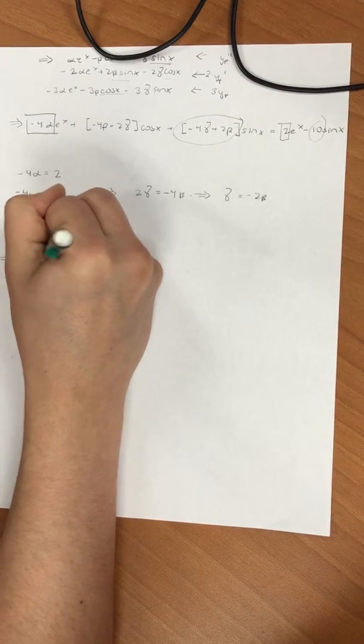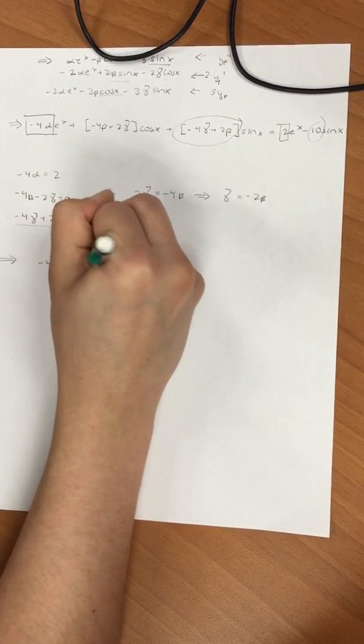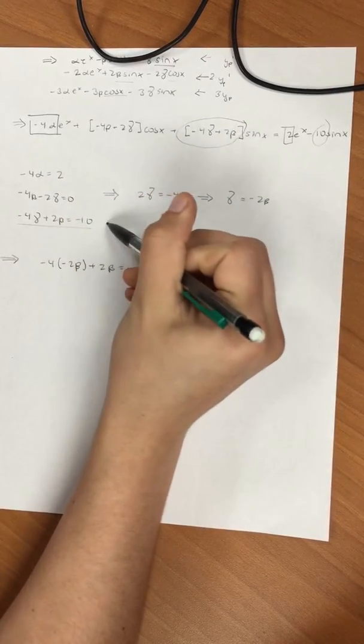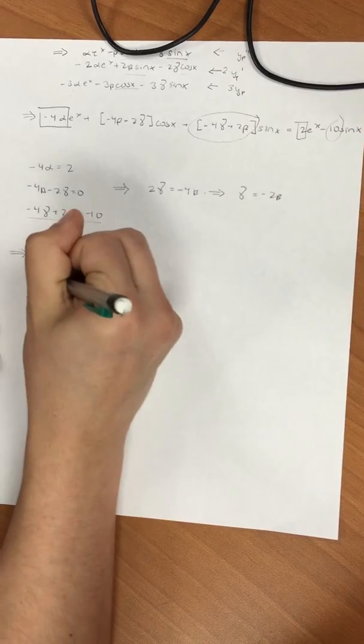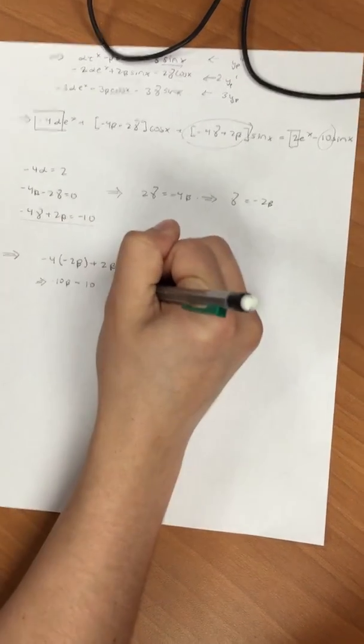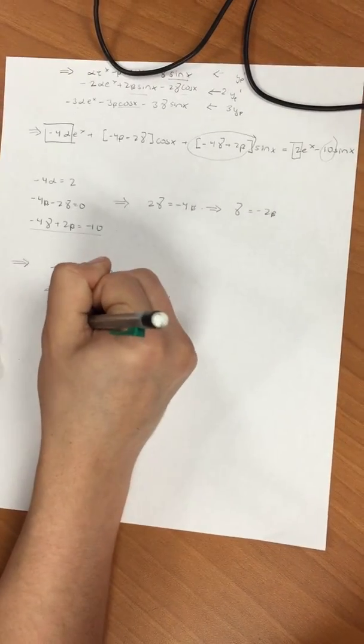So now we can replug. We have negative 4 times negative 2 beta plus 2 beta is equal to negative 10, which is from this formula right here. This is then equal to 10 beta is equal to negative 10, which tells us that our beta is negative 1.